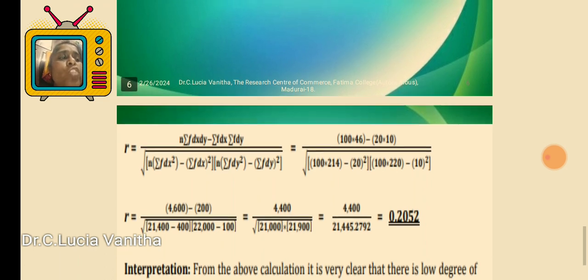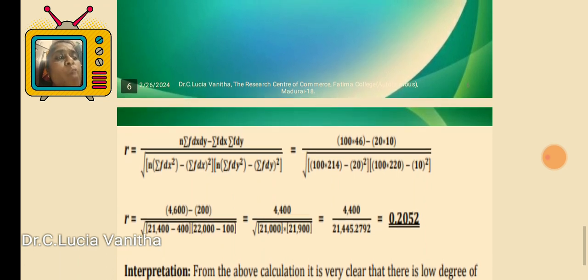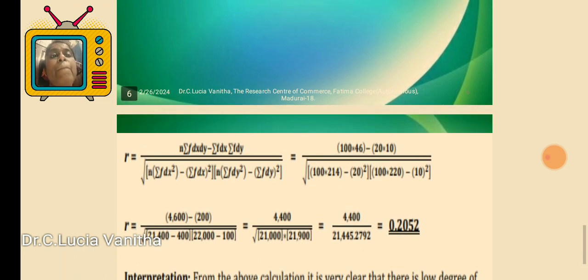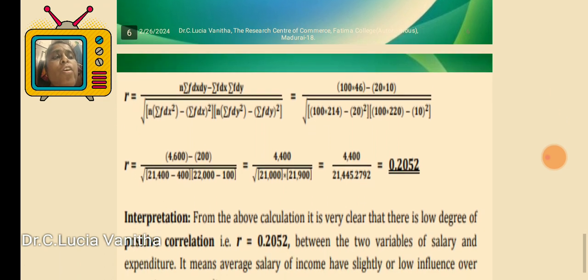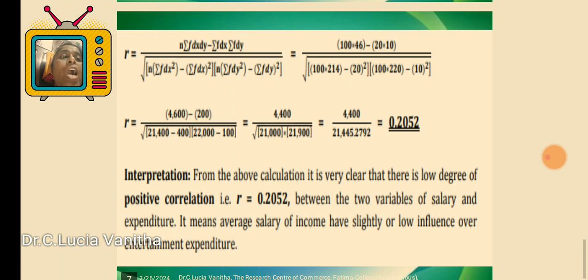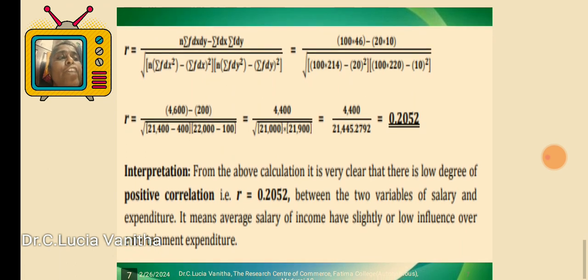Now this is actually very low. It is a positive correlation, but it is a low degree of positive correlation. R is equal to 0.2052. That is positive correlation, but low degree.